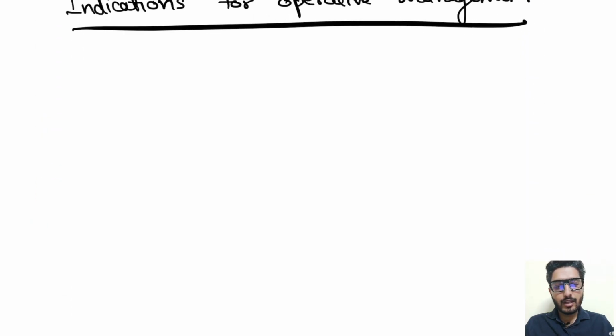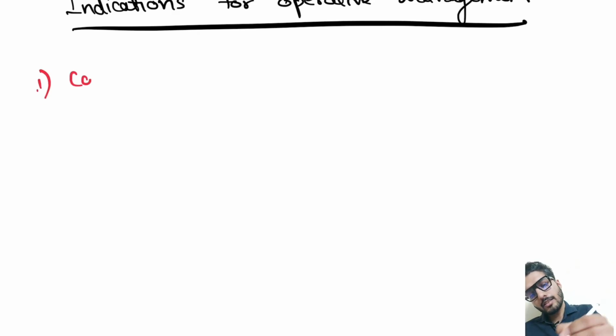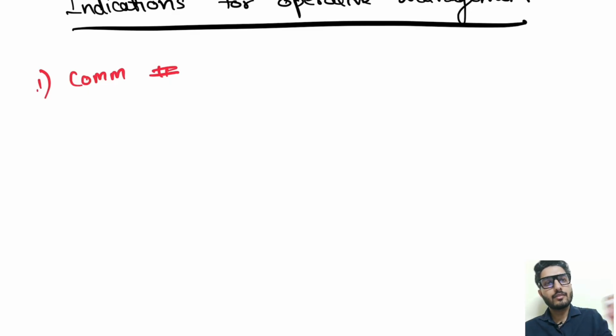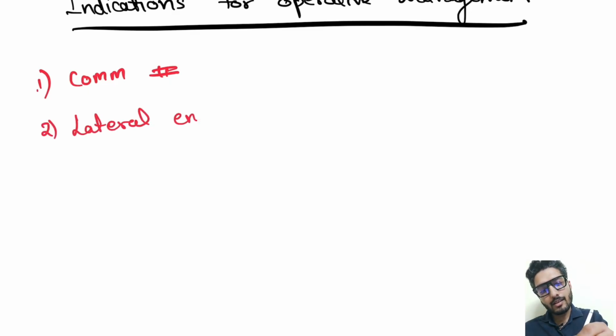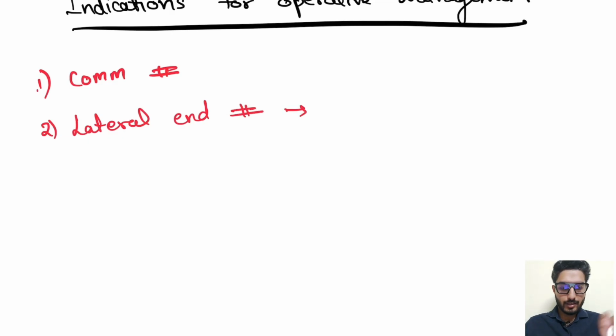Now coming to the indications for operative management. So the first indication is comminuted fracture of clavicle. Another one is lateral end fractures. Lateral end fractures should be fixed operatively.